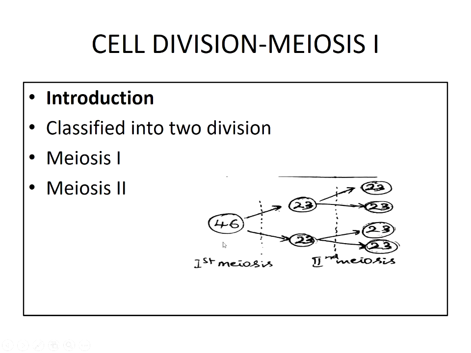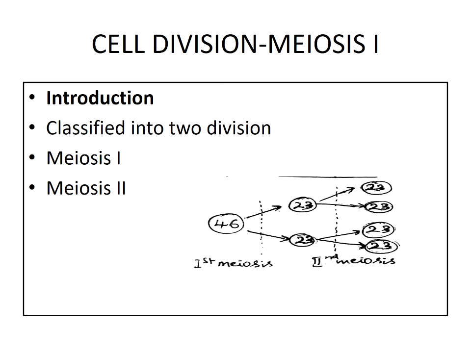When meiosis takes place, 4 haploid cells are formed. All 4 of them carry 23 chromosomes.